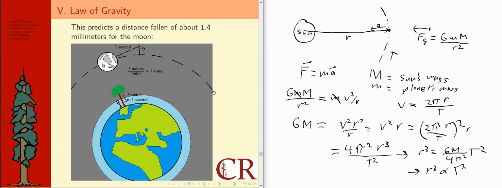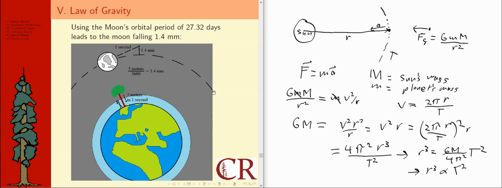So a simplification of the calculation is to say, okay, the 5 meters that the apple fell in 1 second, if that is diminished by a factor of 3,600, accounting for how far away the moon is from the Earth compared to the apple, we just take 5 meters divided by 3,600, and it turns out that gives you about 1.4 millimeters. So we can look at that as a prediction. Now, it turns out the moon's orbital period of 27.32 days leads to the moon falling 1.4 millimeters.